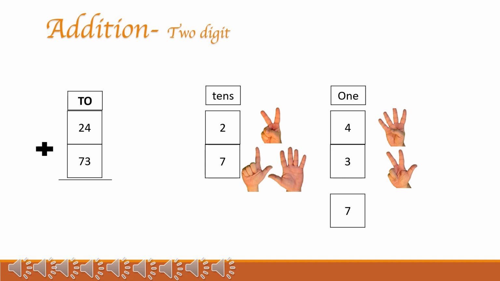So 7 plus 2 will be 9. Now the addition at ones place is 7 and at the tens place we have 9. What we will do? We'll put the addition of ones place at ones place and the addition of tens place at tens place. So the answer we get is 9, 7, which is 97.